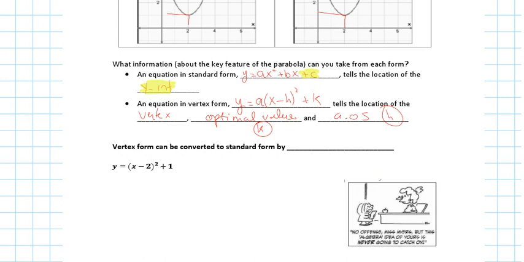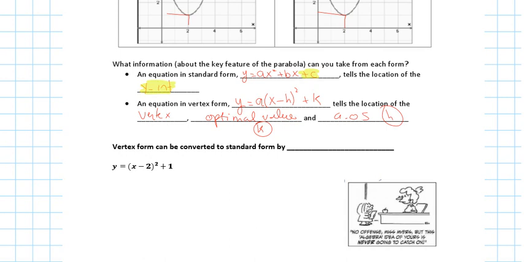So right now, you have this, and you want to write it in standard form. So you agree with me that this is vertex form? What's my vertex with this? 2 and 1.